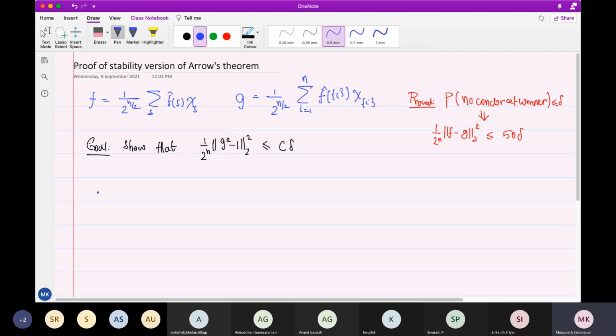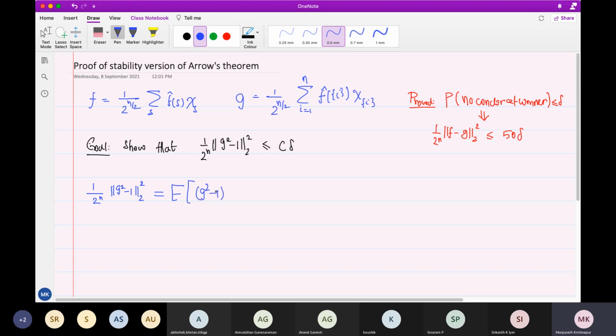How are we going to do that? Okay, so let's write it. So the left hand side, 1 by 2 to the n, this is really, if I use just probability language, I think if people are comfortable, then this is just a bit simpler.